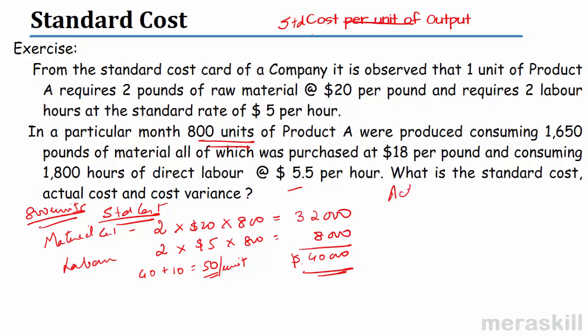What is my actual cost? My actual cost of materials is 1650 pounds of material purchased at $18. How much is that, students? 1650 pounds into 18 is 29,700.